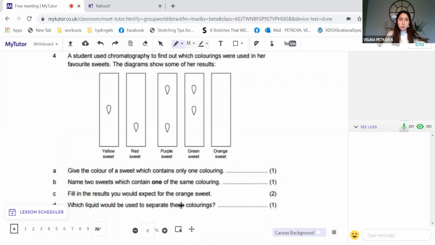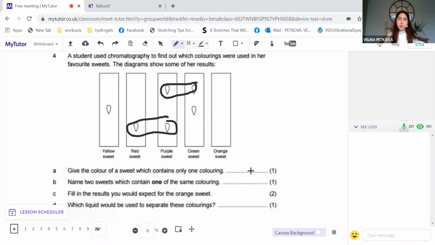Name two sweets which contain one of the same colouring. Yeah, brilliant. So it could be red and purple, as they both contain red, as we can see here. And it can also be green and purple, as we have it here.